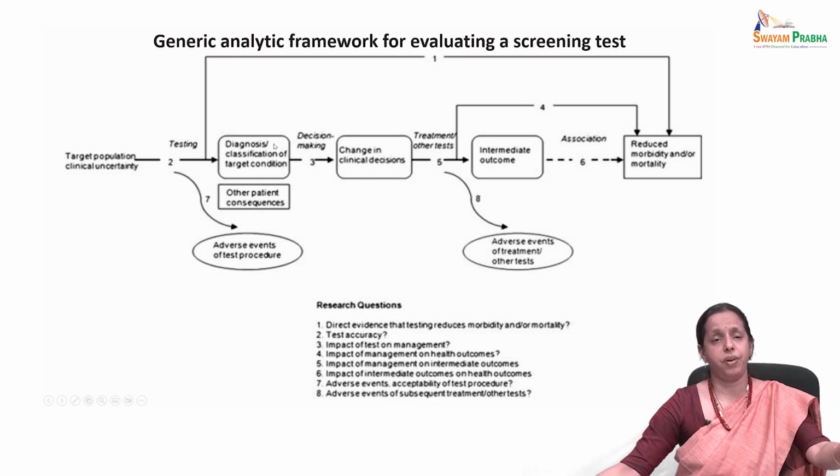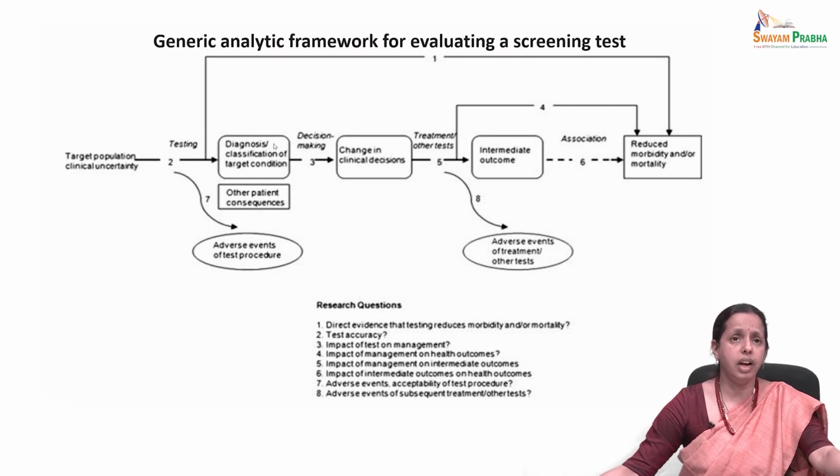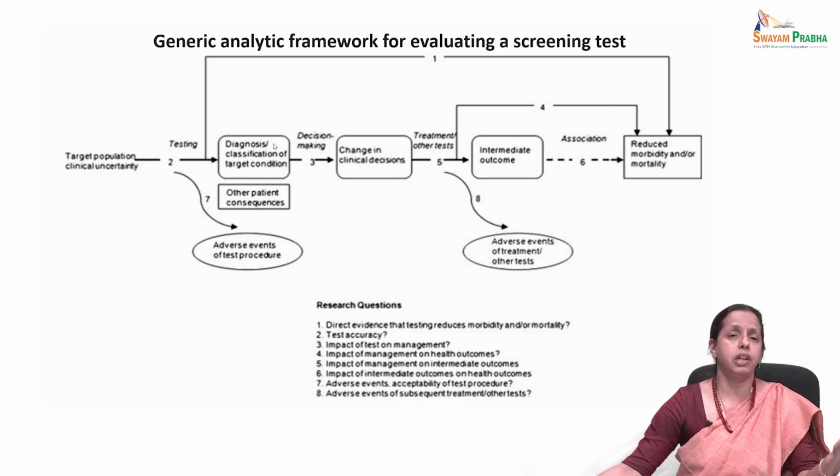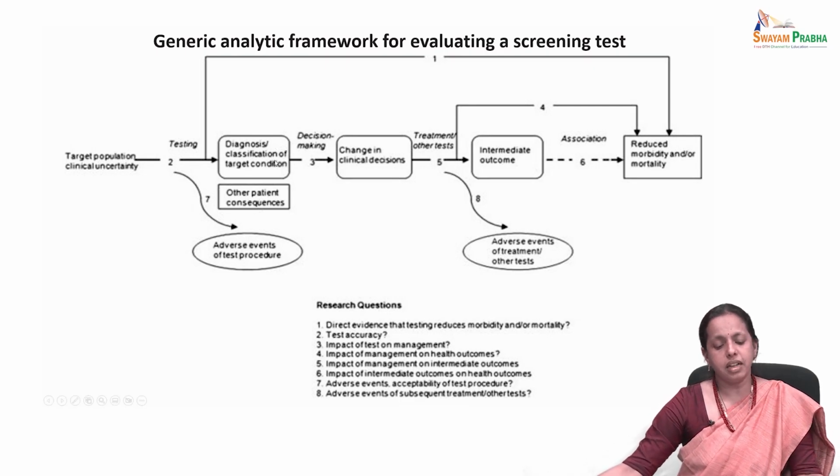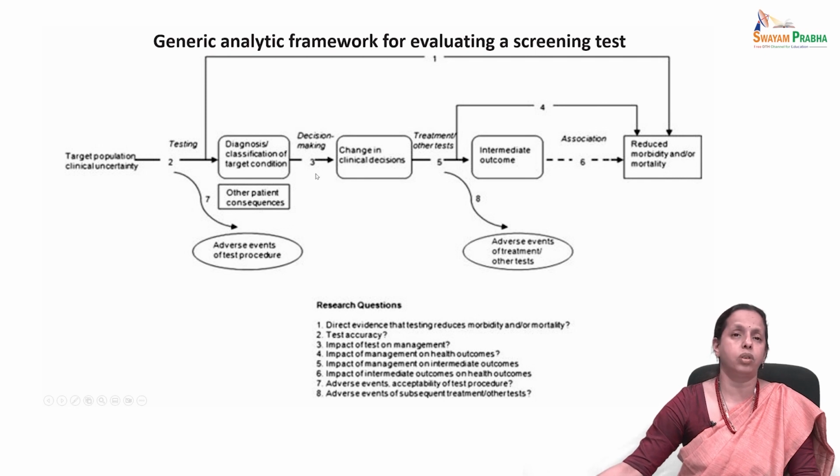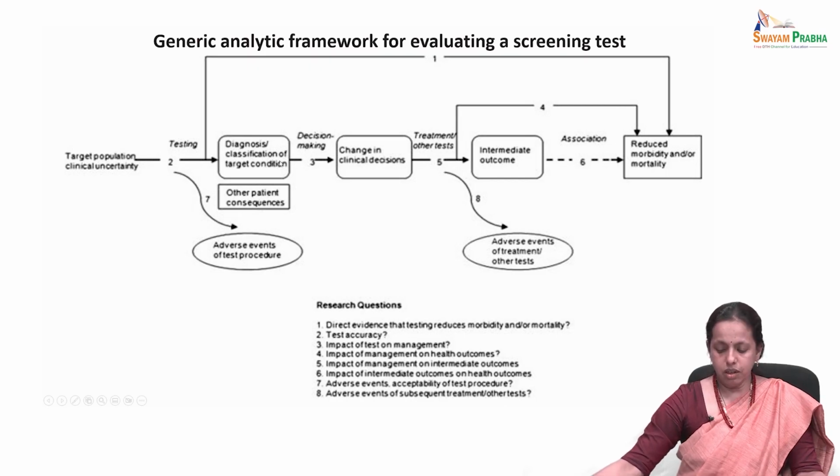If I find a high viral load, does it correlate? Then we refer for a further array of tests for that particular cancer scenario, and then classification of the target condition. And then, what is the impact on management, or on health outcomes? Can we communicate this decision? Then there is the change in clinical decisions.